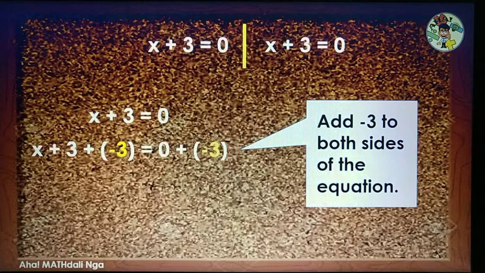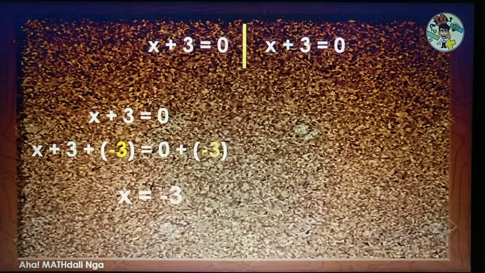So we have x plus 3 plus negative 3 is equal to 0 plus negative 3. Let's simplify. We have x is equal to negative 3. So this is our first value of x, which is negative 3.